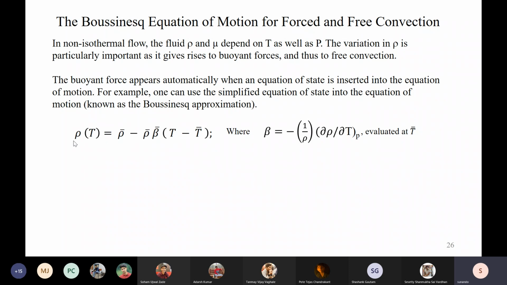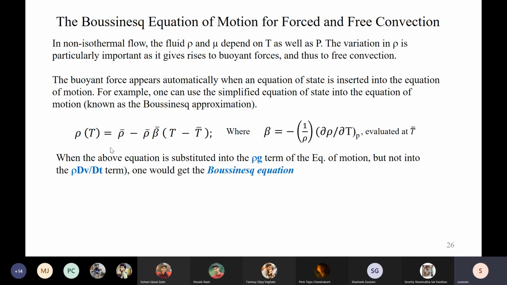So this is simply a change in density as a function of temperature. And this rho bar, the bar essentially means that it's the average density between the two temperatures, and we have already defined what beta is. The point to note here is that wherever you have a bar, that means it's evaluated at some average temperature, which is denoted by T bar.